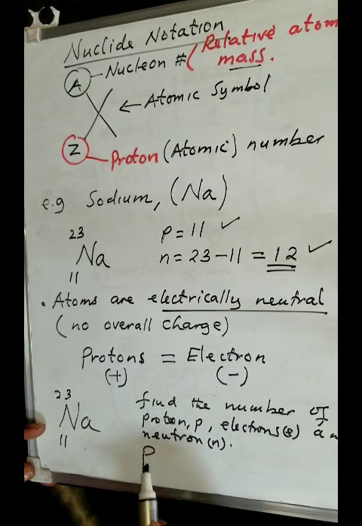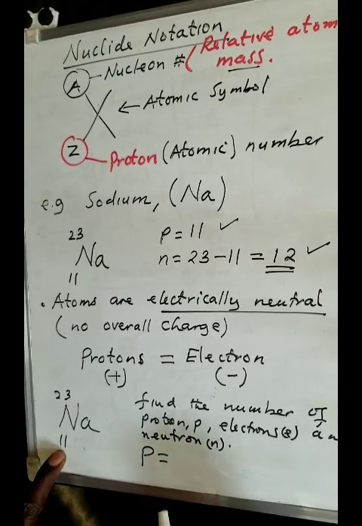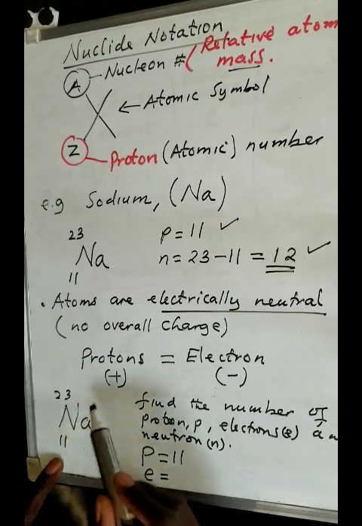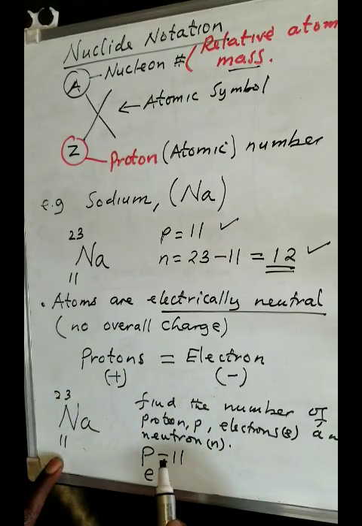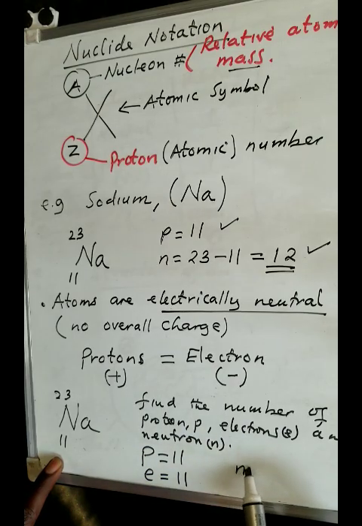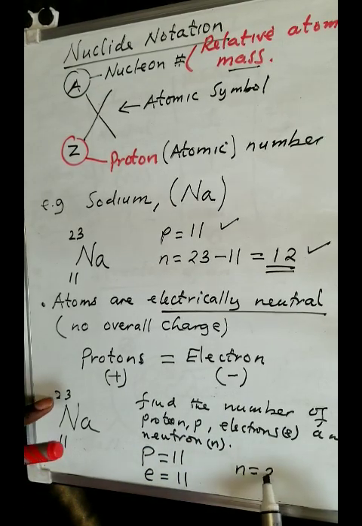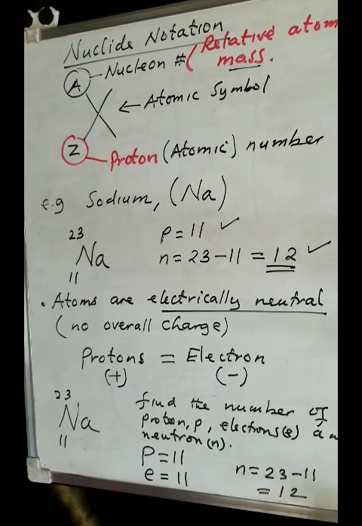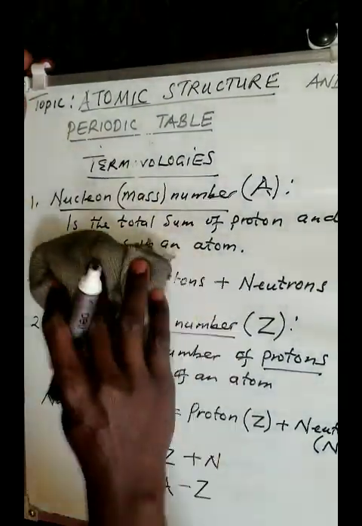Of course, P, the number of protons, you just take that one this way, it's 11. The number of electrons, because this is an atom, it is neither positive nor negative, it has no charge, it simply means the number of protons will be equal to the number of electrons. Then for you to get the number of neutrons, you get your mass number and subtract the proton number there, which is going to give you 12. I hope you are getting the concept of what I'm saying.